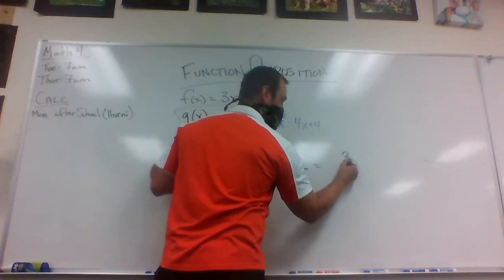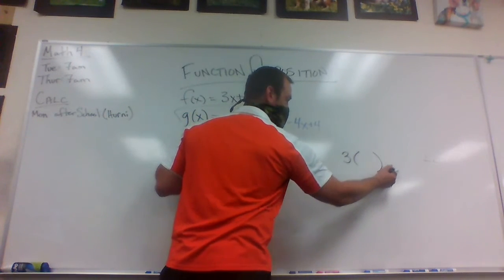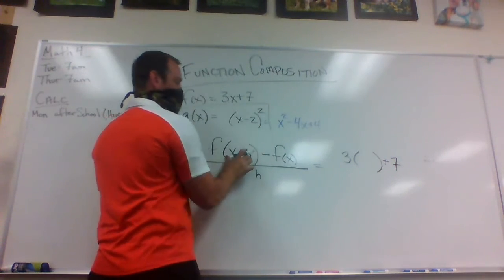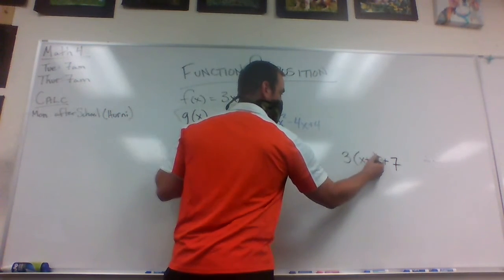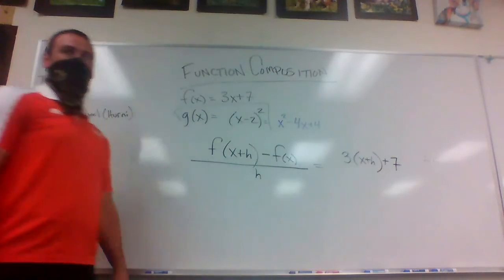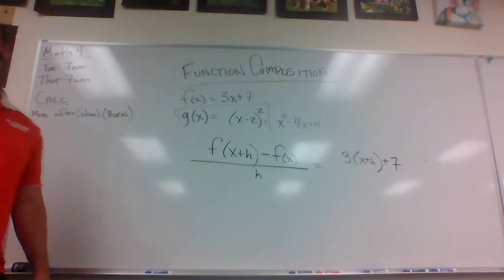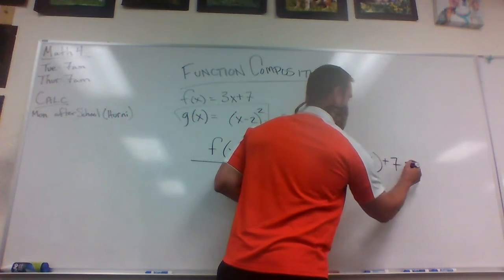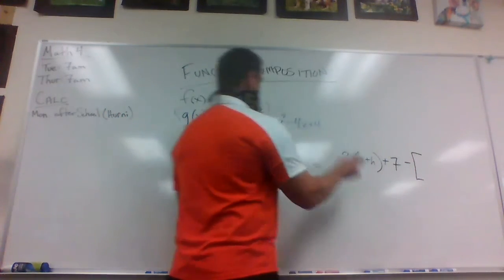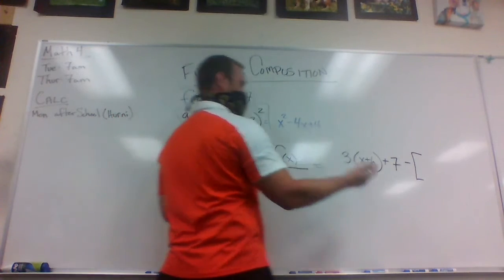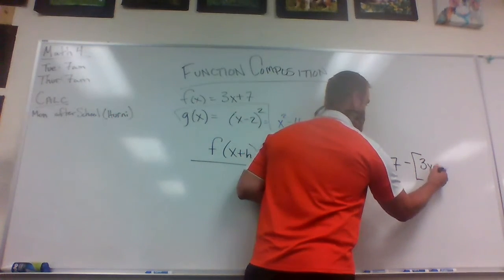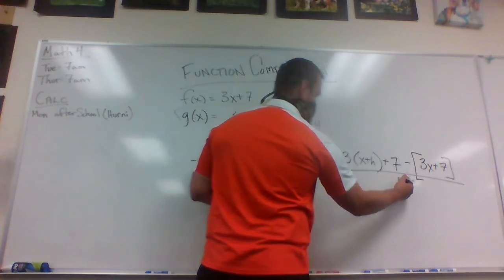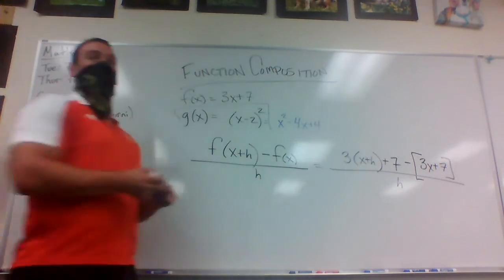So 3 times something plus 7, I'm plugging in x plus h. We then need to subtract f of x. So minus f of x is 3x plus 7, all divided by h.